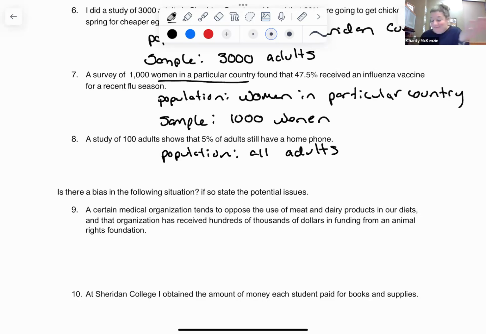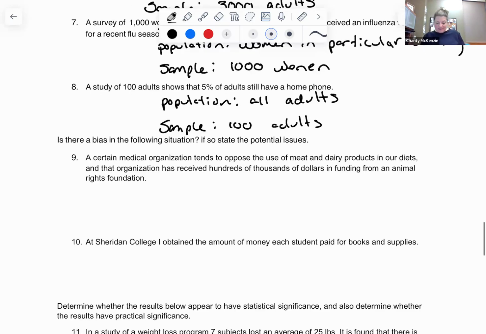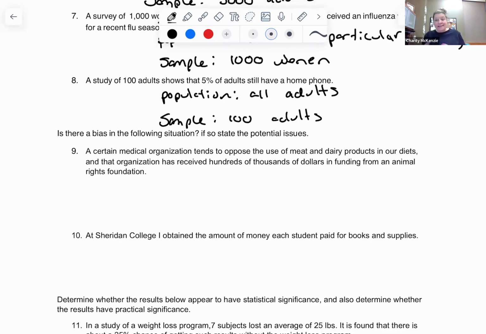All adults, that's what we're talking about. And what was my sample? It was the 1,000 adults that I pulled. The 5% again is a statistic, so it doesn't have anything to do with what we're asking yet. At some point you might have to find that or say something about it, but for now we're just focused on this part.